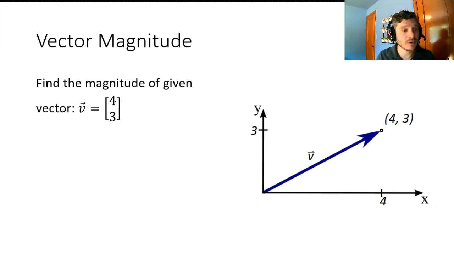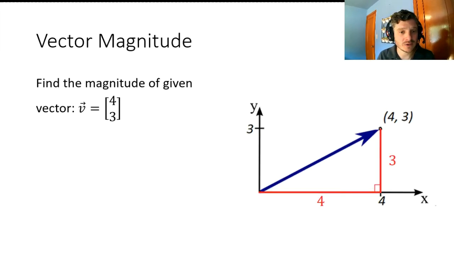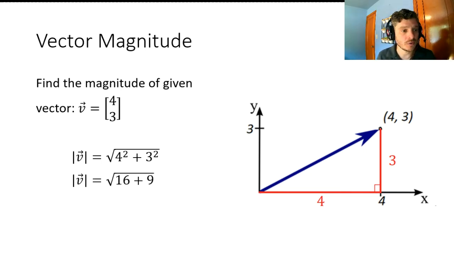If I want to find the magnitude of this vector, we have to turn it into a right triangle and use the Pythagorean theorem. Pythagorean theorem: a squared plus b squared equals c squared. Every student should know that at this point. We can also simplify that by taking the square root of both sides. So I would find the square root of 4 squared plus 3 squared.